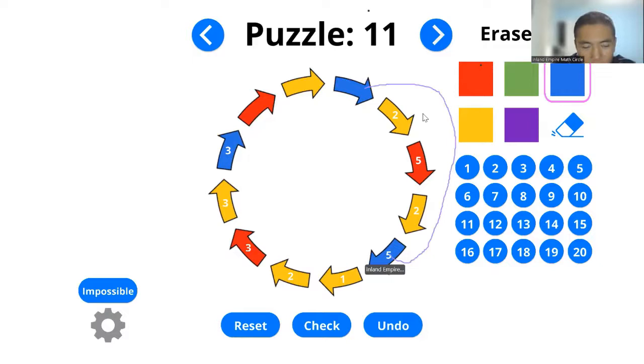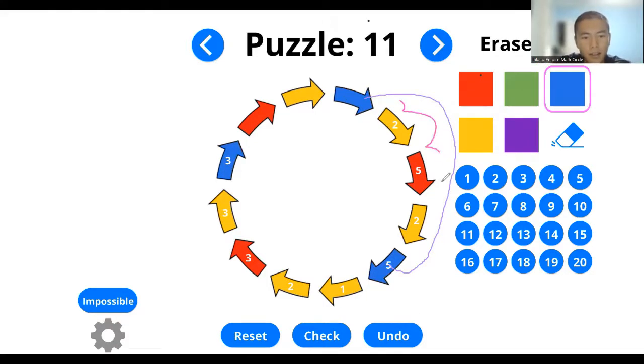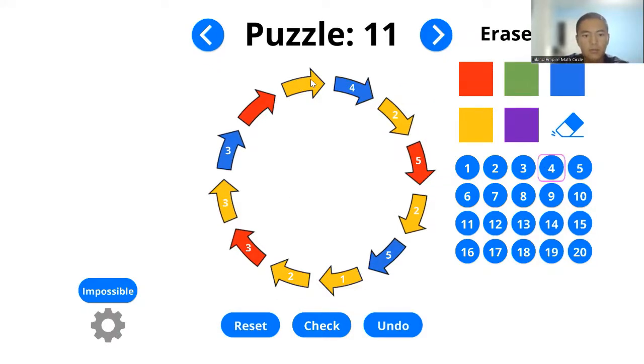So you really just want to figure out how many steps you need to go from the blank blue arrow to the blue arrow with the number 5. Well, if you just count the number of arrows in between, you would say that you need 4 steps. So the first arrow will be 4. All right, what about the yellow arrow?